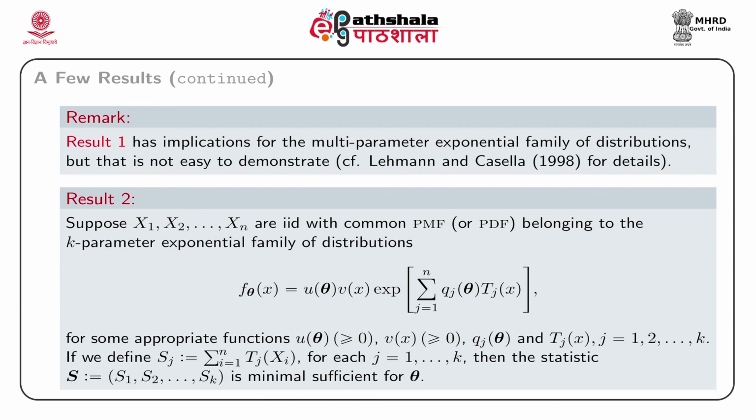Now if we define the statistic S_j, which is the sum over i from 1 to n of t_j(Xi), j from 1 to k, then it can be shown that the statistic S, which is a vector valued statistic consisting of S1, S2 up to Sk, is jointly minimal sufficient for the parameter θ, which is also vector valued with k components.